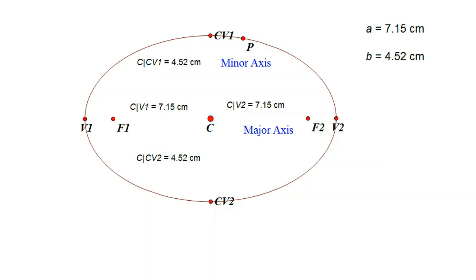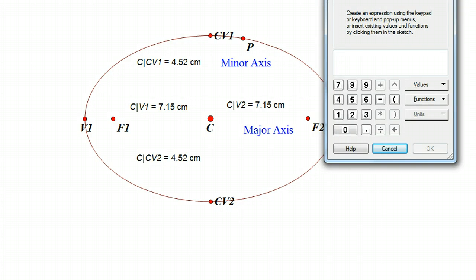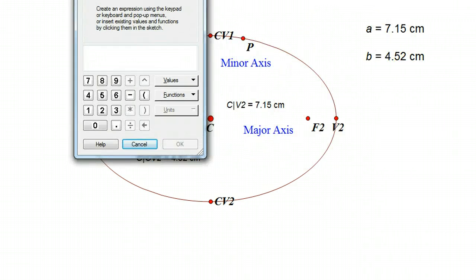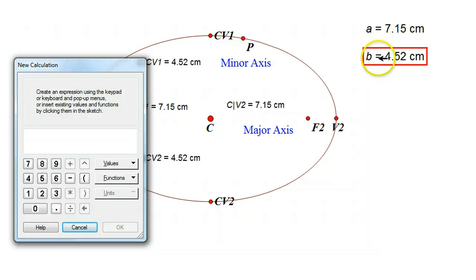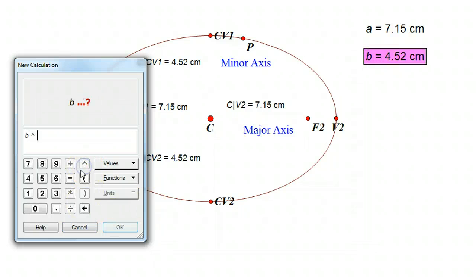Okay, so we're going to calculate something, and you may remember this. We're going to take a squared, and we're going to subtract b squared from it.